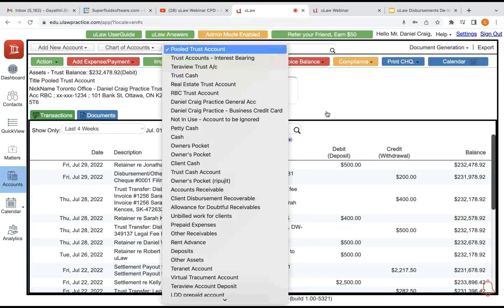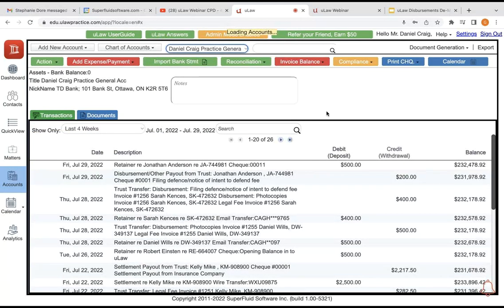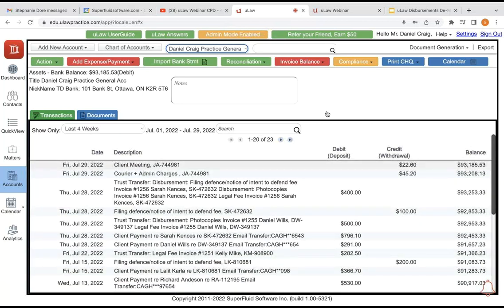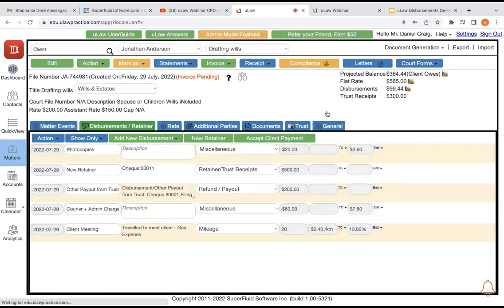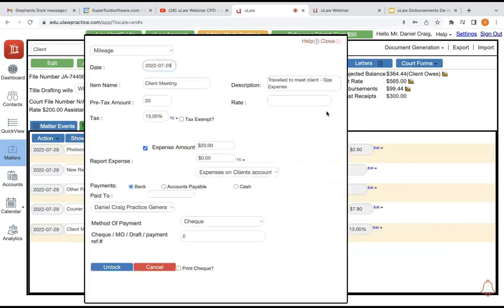If you go into your accounts, move from pool trust account to the general account, you would see the mileage recorded here as an expense, $20 plus taxes, $22.60. Since it was general account and it was mileage, I could enter a different amount than what was actually spent.